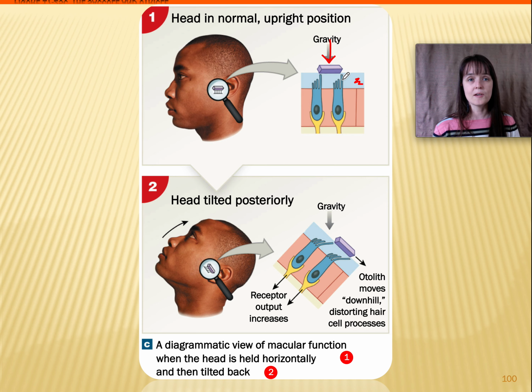Another part of static equilibrium is when you go up in an elevator, moving up pushes more on the hairs of the hair cells, because the otoliths are kind of still below. And then as the elevator stops, there's that weightless feeling for a second, and then there's less gravity pushing on the otoliths.